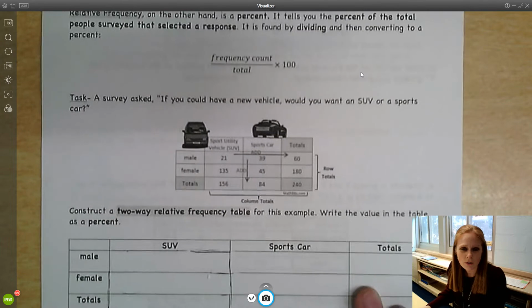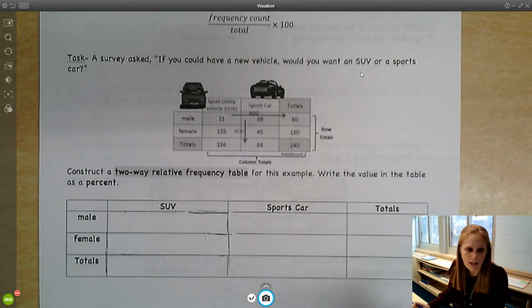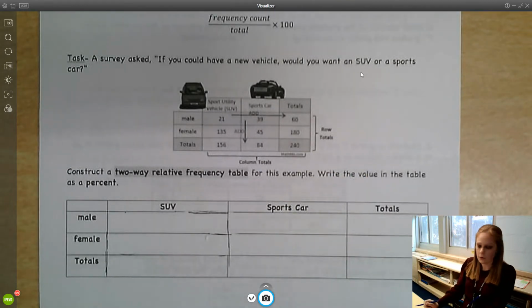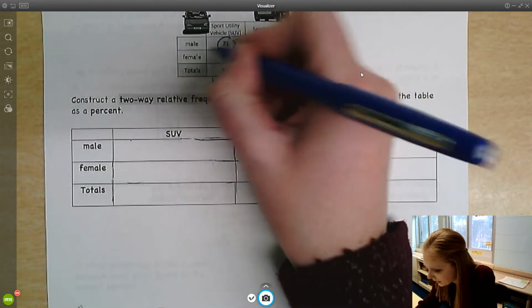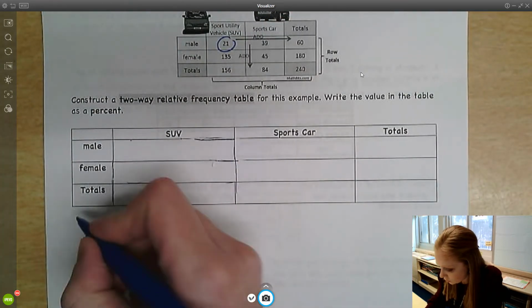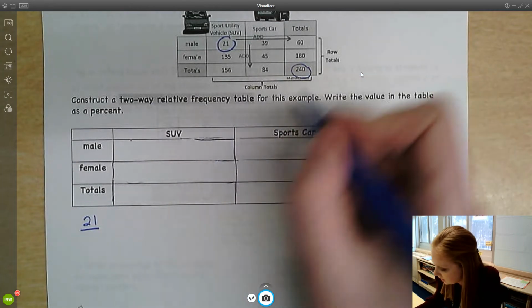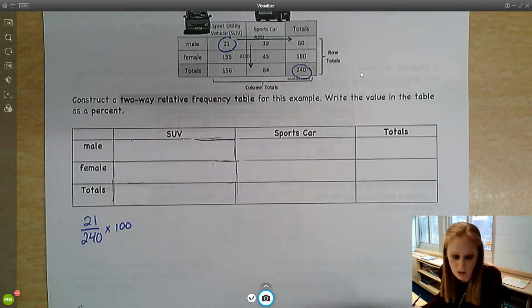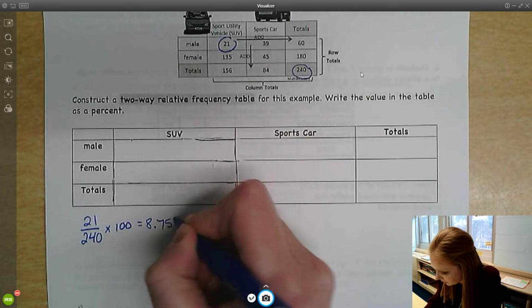So if you could have a new vehicle, would you want an SUV or a sports car? Looking at this data, we want to turn this frequency table into a relative frequency table. So 21 males chose SUV. I'm going to take that 21 divided by the total number of students that were surveyed and multiply by 100, and you get 8.75%.